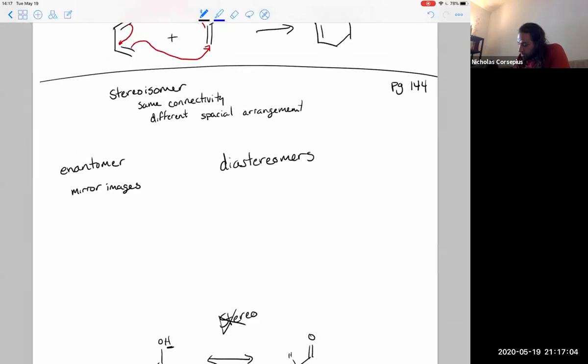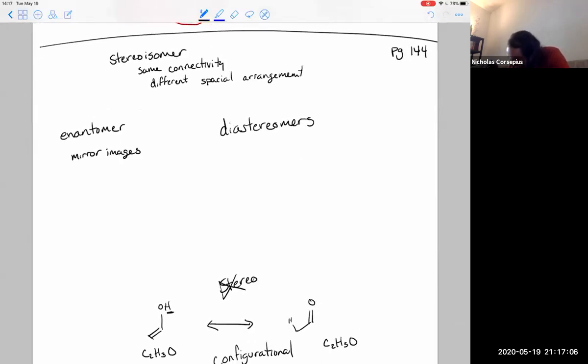So a good example of that would be something like that versus that. This would be 2S-2-chlorobutane versus 2R-2-chlorobutane. All right, those would be enantiomers.